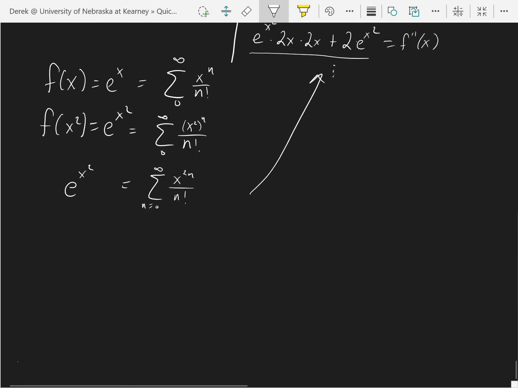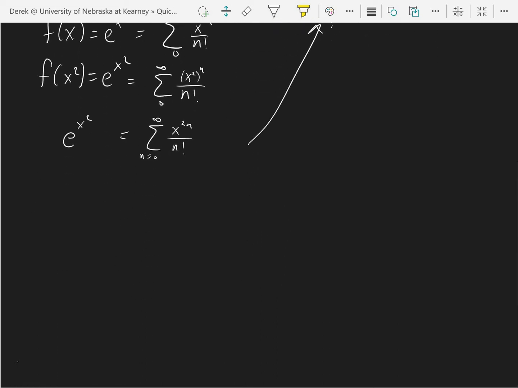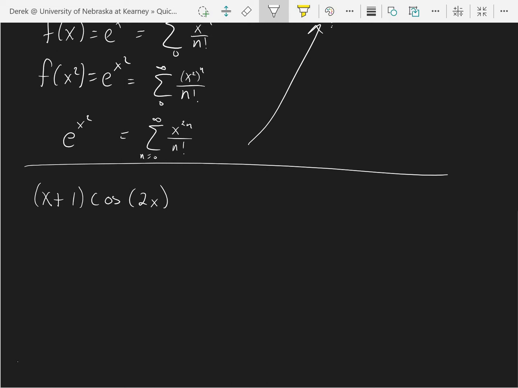We can do similar things with multiplication by polynomials. So let's say I want to find x plus 1 times the cosine of 2x, and I want to figure out what the Taylor series is for this function. It equals this summation of some c sub n's, x to the n, we'll center it at 0, from n equals 0 to infinity. What are these c sub n's?